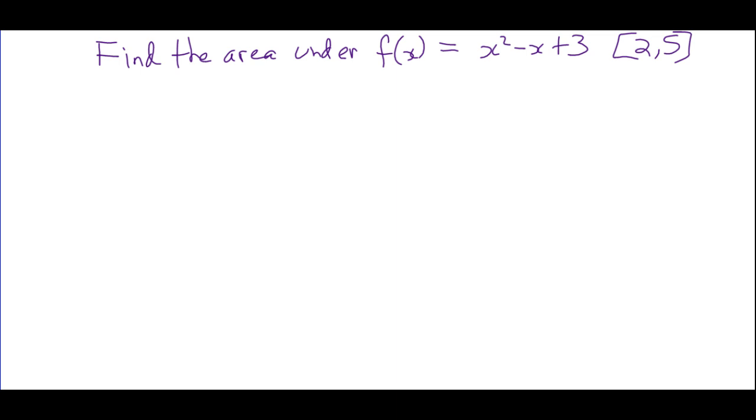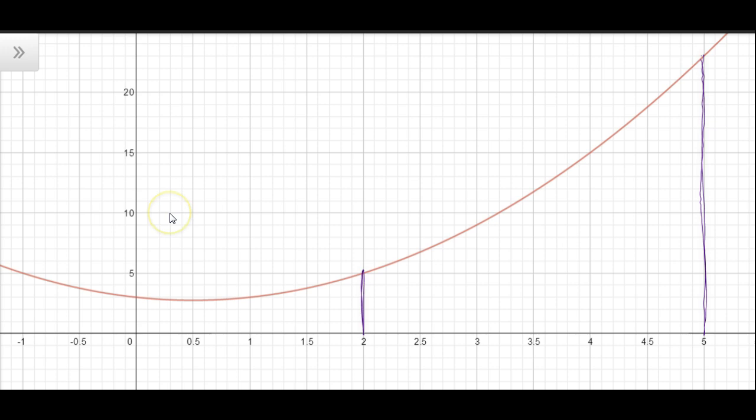This is what the curve looks like, and what we're doing is calculating the area under that curve from 2 to 5. So this area, which I'm not going to shade in.